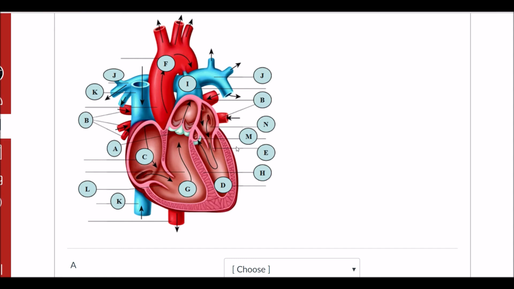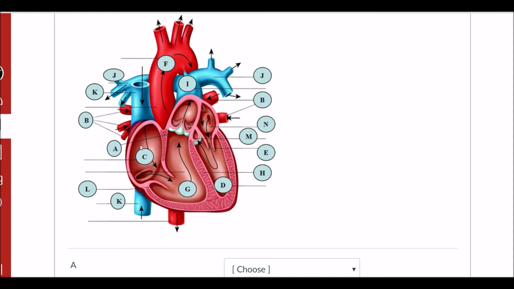And then, do we get everything? L and M. What's L? Is that the valve? Bicuspid valve? Yeah, L is the valve. What did we put as bicuspid valve? C?